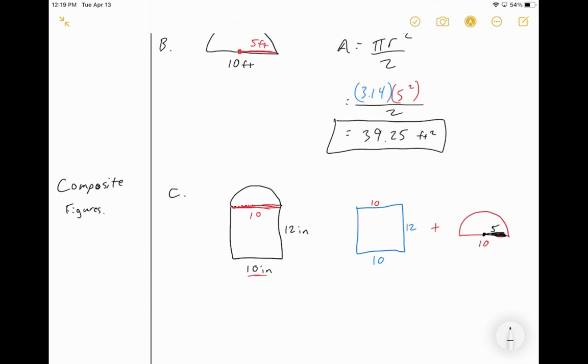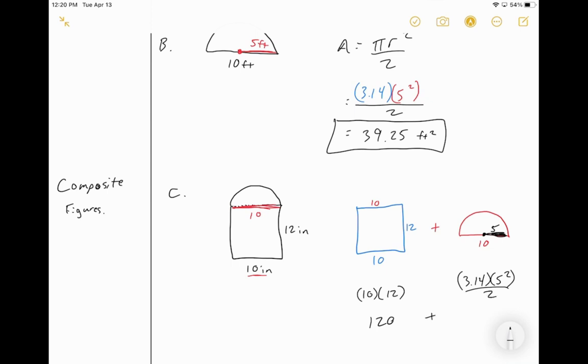Okay, so now let's go ahead and find the area. A rectangle, we know it's real easy. You just do the base times the height. So 10 times 12, which is a simple 120. And then the semicircle, we just did the semicircle, but we'll do it again just so we have it. The area of that is 3.14 times 5 squared divided by 2.